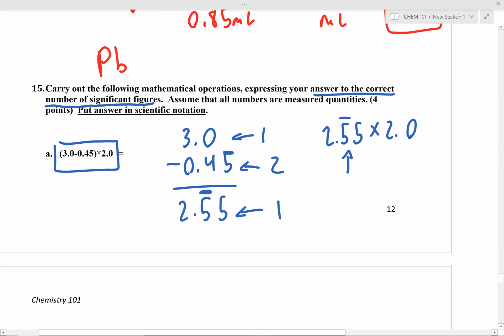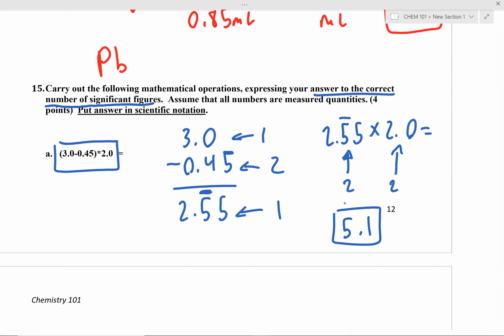How many sig figs does this 2.55 actually have if we're reading bar notation? 2. And how many sig figs does 2.0 have? 2. Okay, so if we punch that out, we get 5.1. Make sure not to round until the end of your calculations.